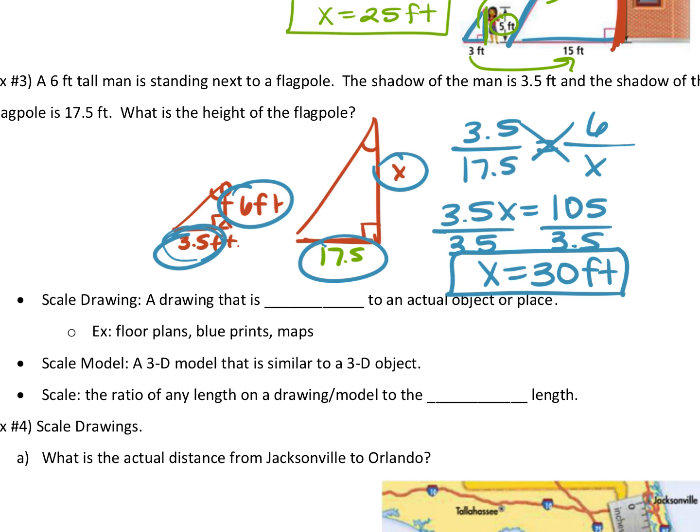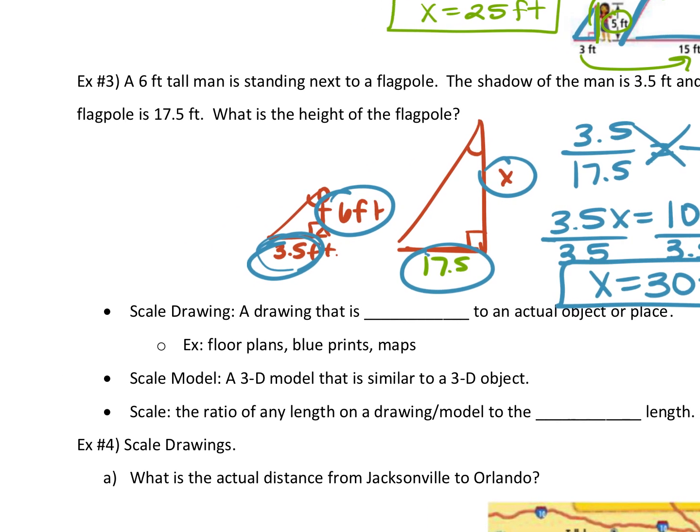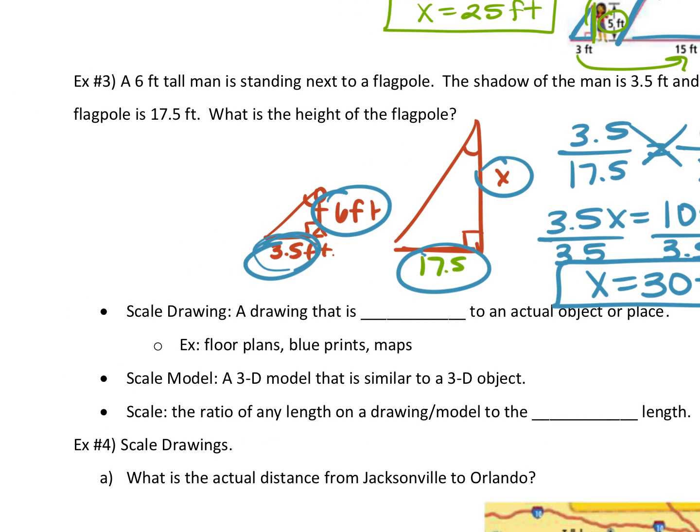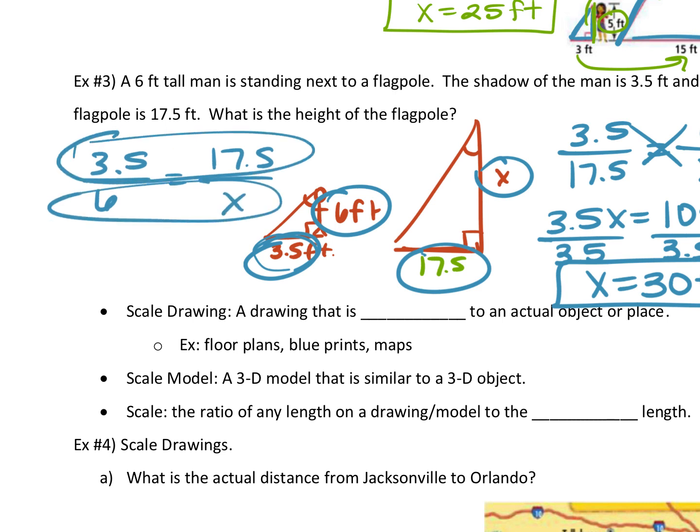So properties of proportion says if you do that, you'll still get the right answer. That's essentially what you're doing even when you do it the other way, right? You're going the small figure to the small figure equals the bigger figure to the bigger figure. So now it's this way and this way instead of this way and this way.